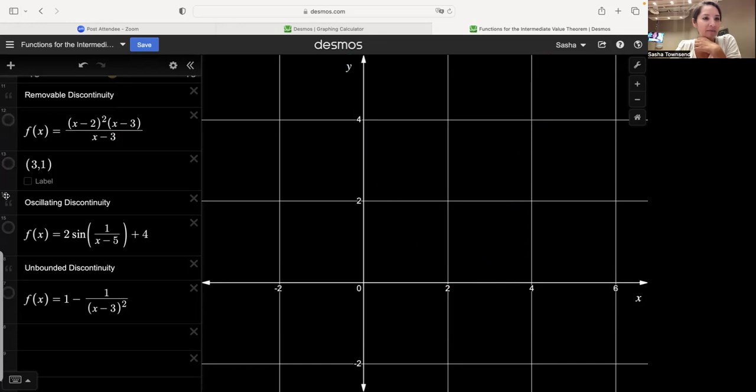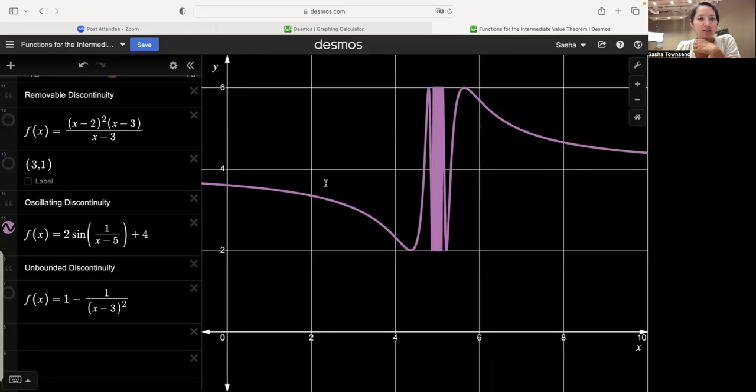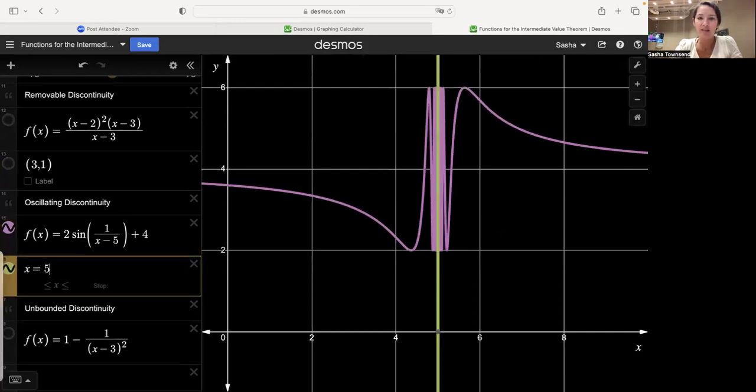And here's the oscillating discontinuity that we talked about. This is 2 times sine of x minus 5. So if we graph x equals 5, we can see it. The function oscillates rapidly the closer that we get to x equals 5. And the y values are all within plus and minus 2 units of 4.